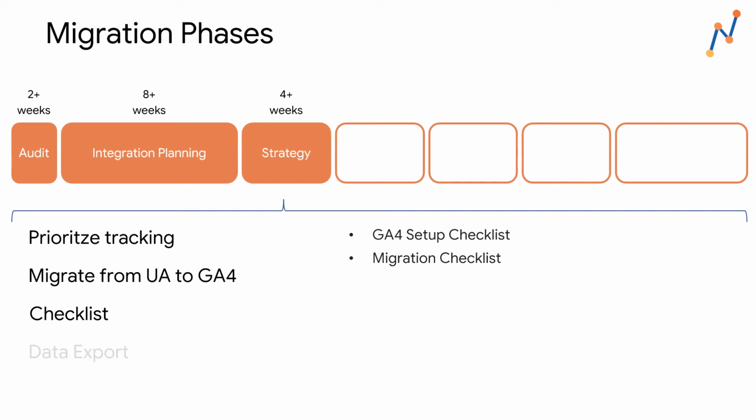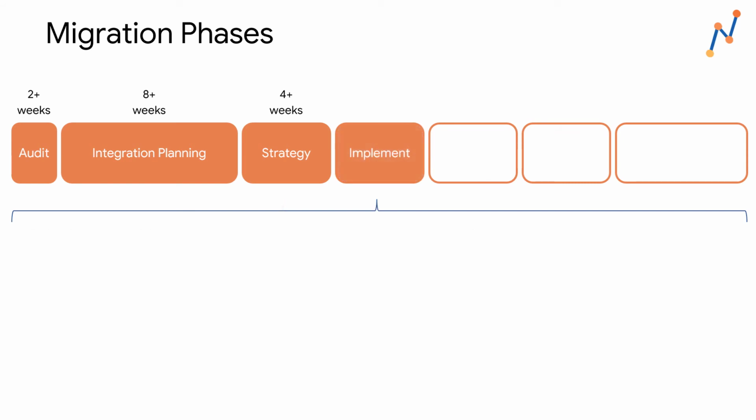Said that, data export might also be a topic to think about. Either you export the data to Google BigQuery if possible, or you need to find some other solution, like for instance importing the data from Universal Analytics into another web analytics solution. And after you have successfully taken care of this phase, it's time to start with the implementation.